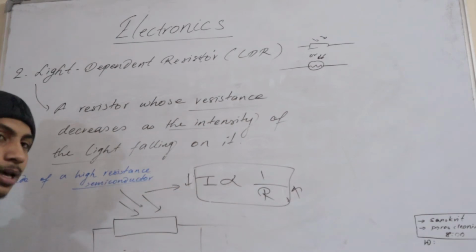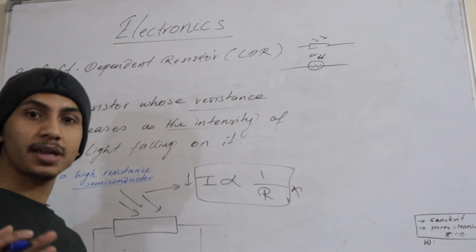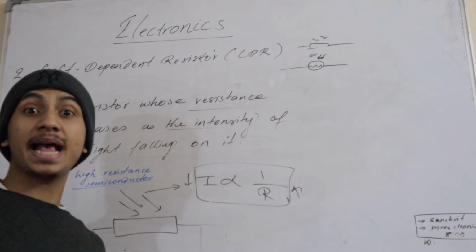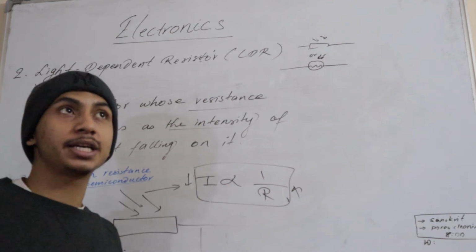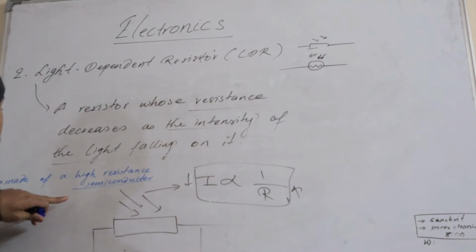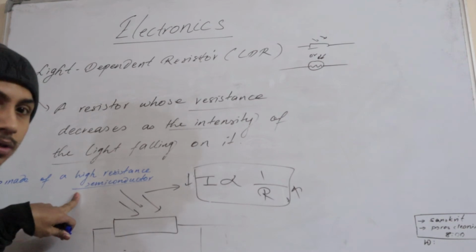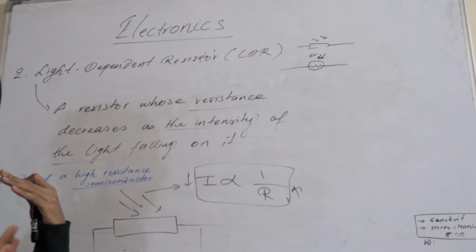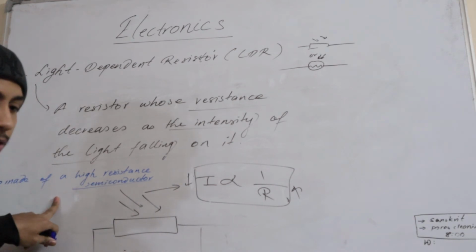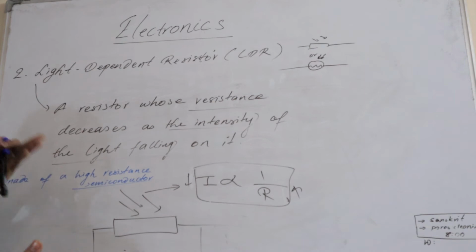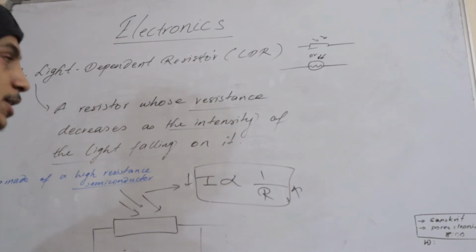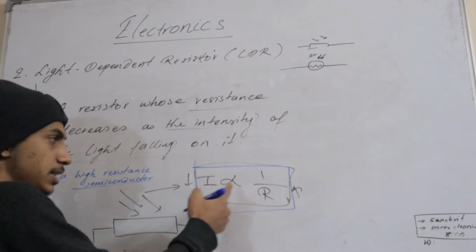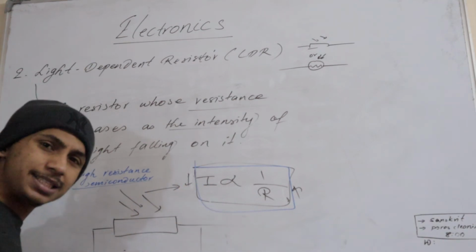In quantum physics, you study band theory, where you'll learn how this semiconductor works. There is a brief part about semiconductors, so you don't have to worry about how this works, but I expect you to know this relation. When the intensity of light increases, its resistance decreases. This is the simple thing.